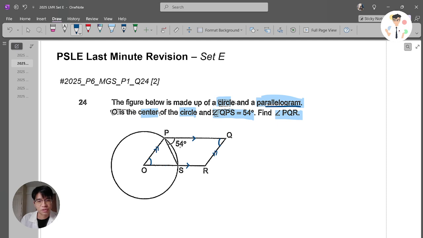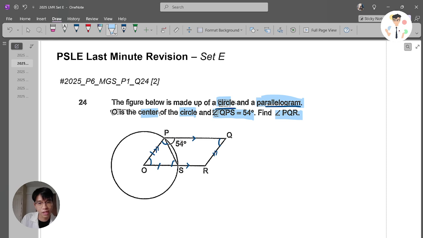What makes this question more interesting is that there's a circle involved here. Because this is a circle, the length here and here is the same, because both of these are radius. And because these are radius, I know the angle here and here will be the same.